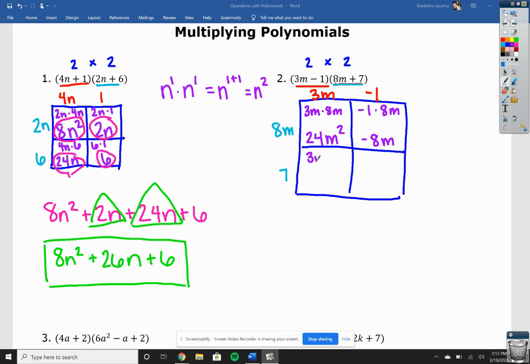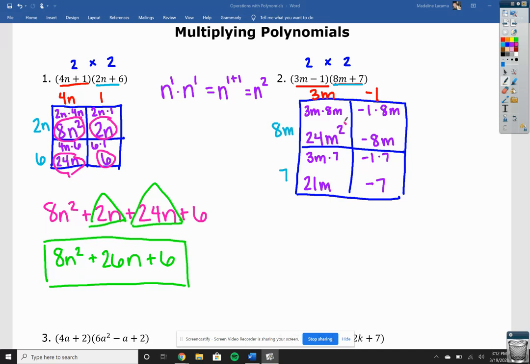Then I have 3m times 7. 3 times 7 is 21. Then we have m. And last, we have -1 times 7. So -1 times 7 is -7.